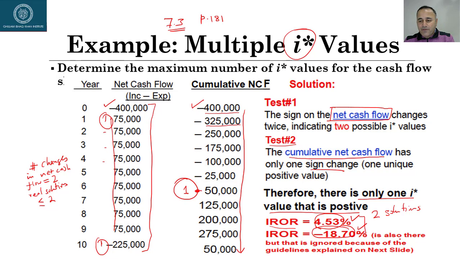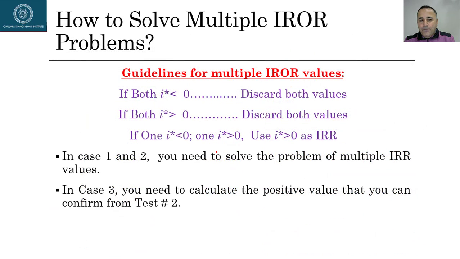Now, what is the criteria? Whenever it passes test number 1 and test number 2, and we have one positive solution and the other one is a negative solution, what do we do? If both calculated IRRs are negative, discard both of them.